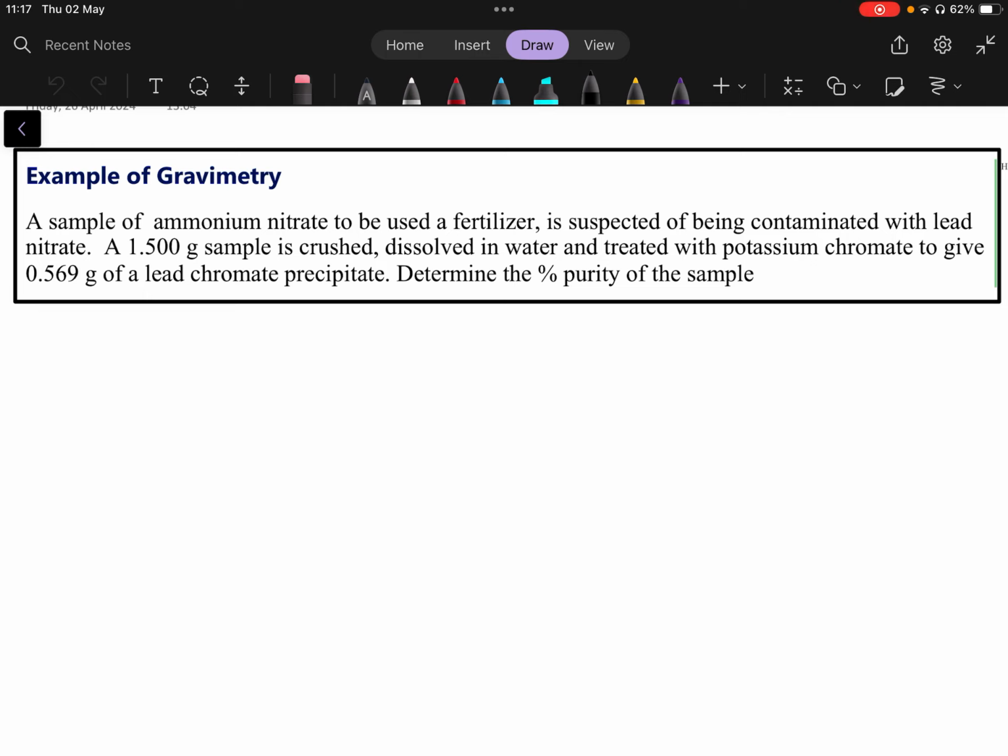And then we perform an experiment to determine is it indeed contaminated with lead, and to what extent is it contaminated with lead.